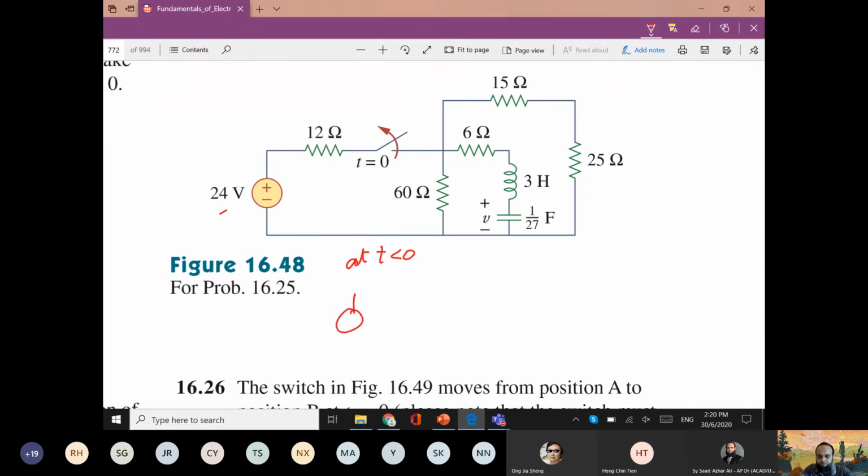So the switch is closed. The inductor is short circuit, you can see, and the capacitor is open circuit.